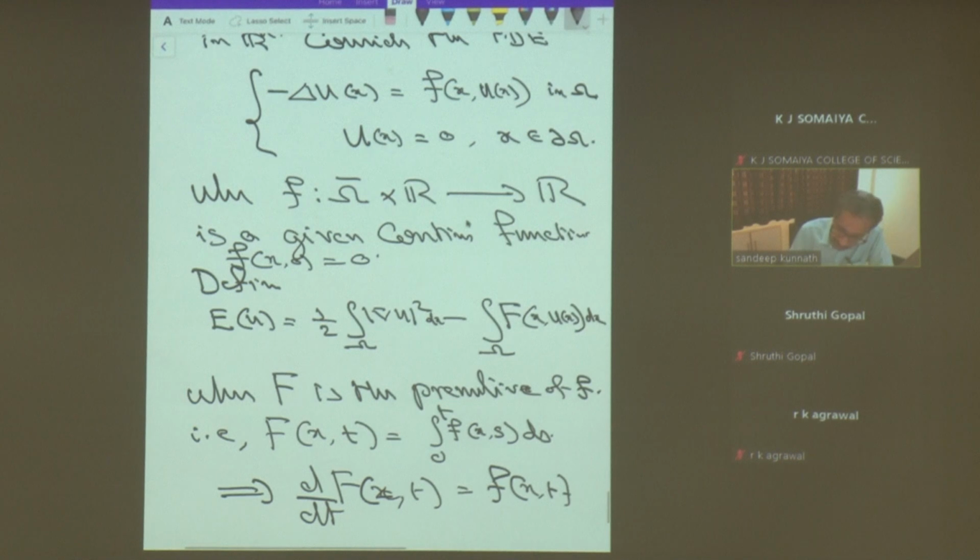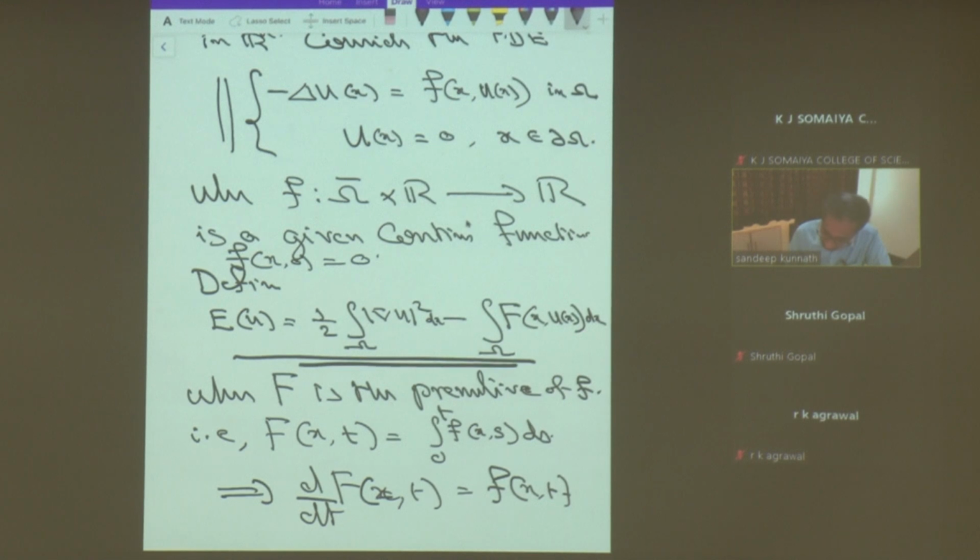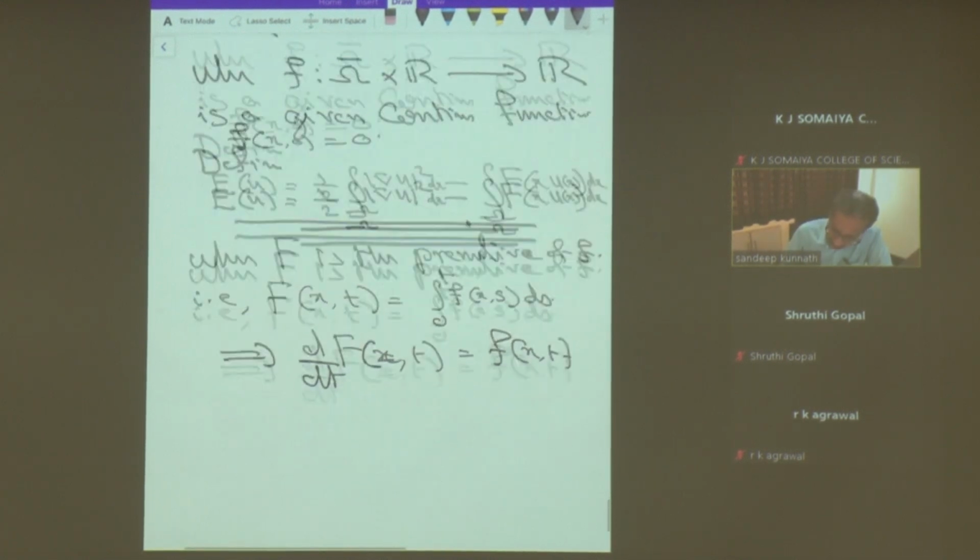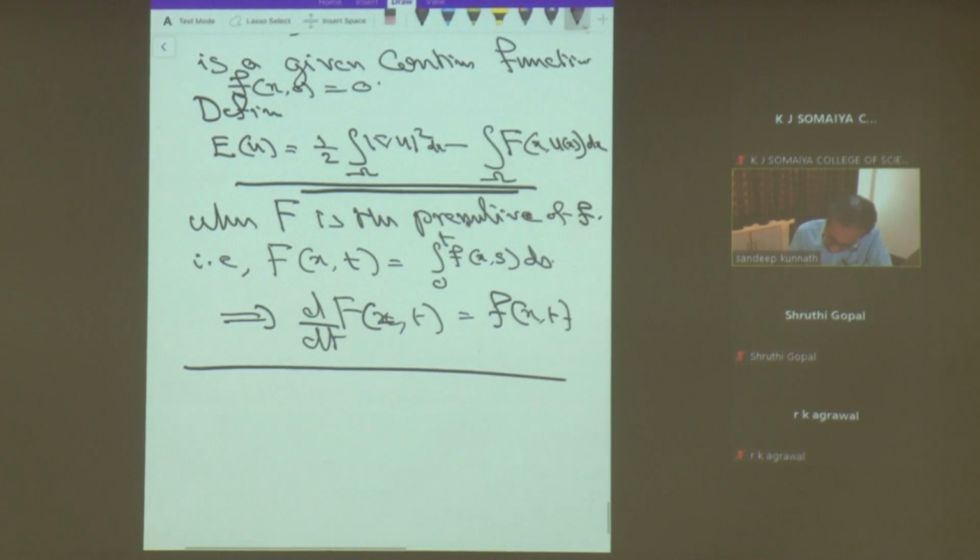So I have this problem, the partial differential equation, and correspondingly an energy. The problem is minus Laplacian of u equal to f of x, u, which has a nonlinear term.